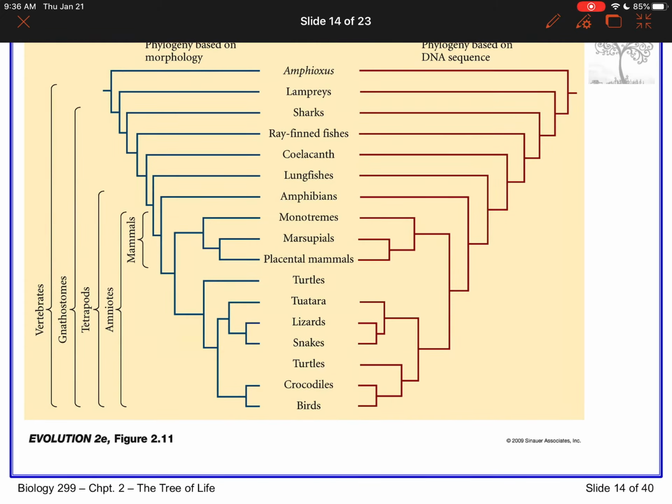Another useful aspect would be to have some idea of when those major branches or speciation events, as they're called, where one ancestral species splits into two descendant species, happened. In other words, can we date these speciation events, the splitting events that you see on these trees? And one way to do that is through the use of what's called a molecular clock.